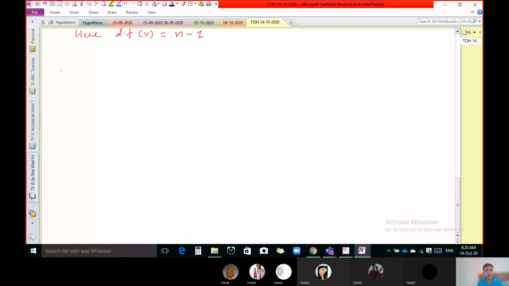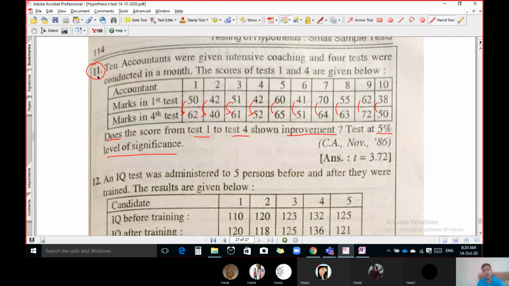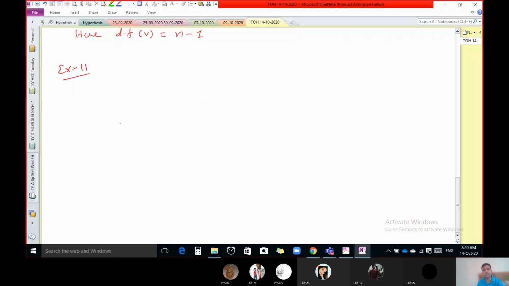Question number 11. So let us first of all calculate all the required calculations. So let us assume this is your xi and this one is yi. Now let us find out di first of all. Di is nothing but xi minus yi.